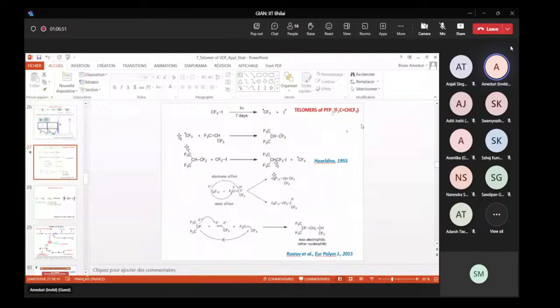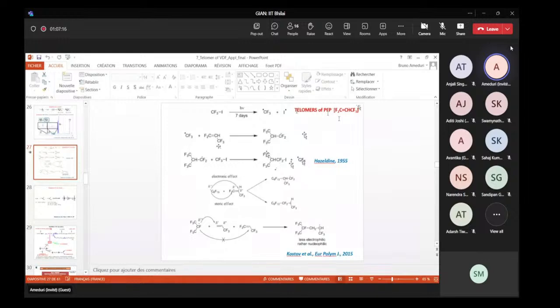And of course, CF3 reacts again onto that. This is a very good example, because when you generate the iodo-fluorinated compound from the fluorinated radical, the CF3 issued from the chain transfer agent is generated again to react again onto that. So usually the telomerization reactions are very good.